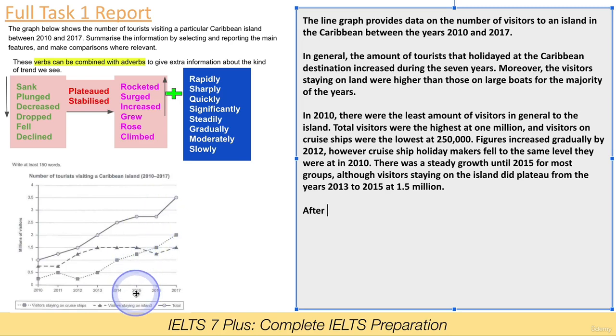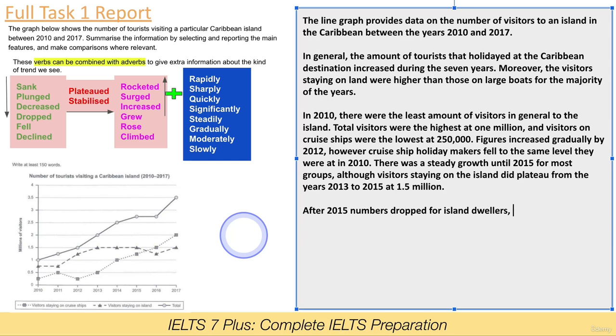We have visitors staying on the island had a dip and then a rise again. So after 2015, numbers decreased. Have we used decreased? Potentially dropped for island dwellers, and they dropped by 250,000.